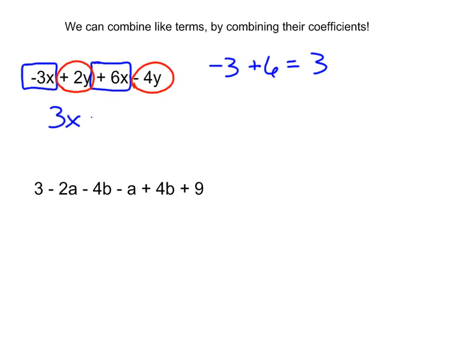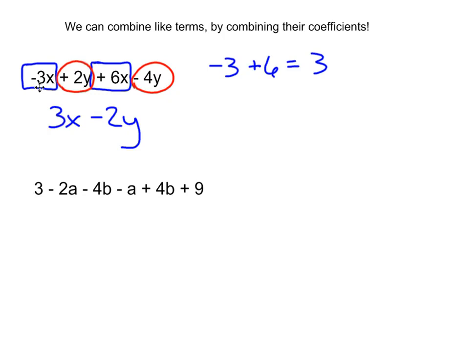And then we can combine our y's by going 2y minus 4y, and that would give me a negative 2y. Now we cannot combine the 3x and the 2y because those are not like terms, so that's actually our final answer. All you have to do is to put your x's and your y's in groups, and once you've grouped them together, that's it, you're done.